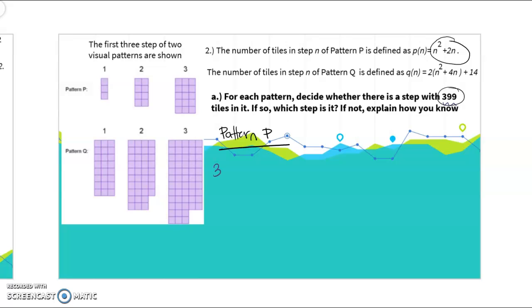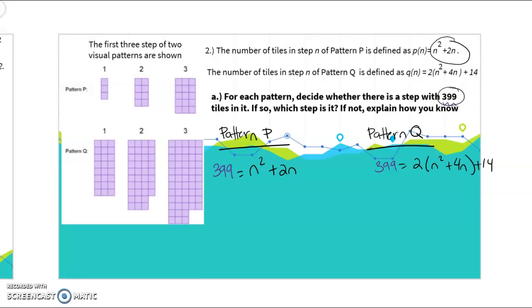So what I'm going to do is set both of our equations equal to 399. And now I'm going to solve pattern P first, and then I'll deal with Q.